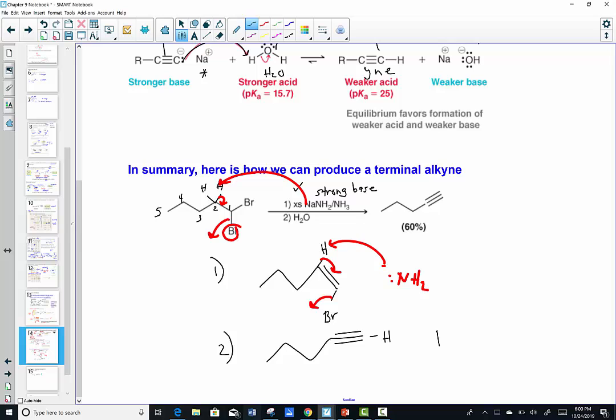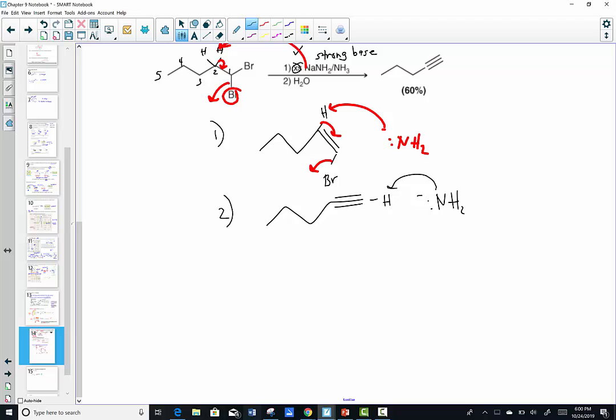So the excess amount of the base, and that's the critical thing here, says, I can take that last hydrogen off the terminal chain, and what happens next is we end up with the negative carbanion, and of course the conjugate acid of the base.